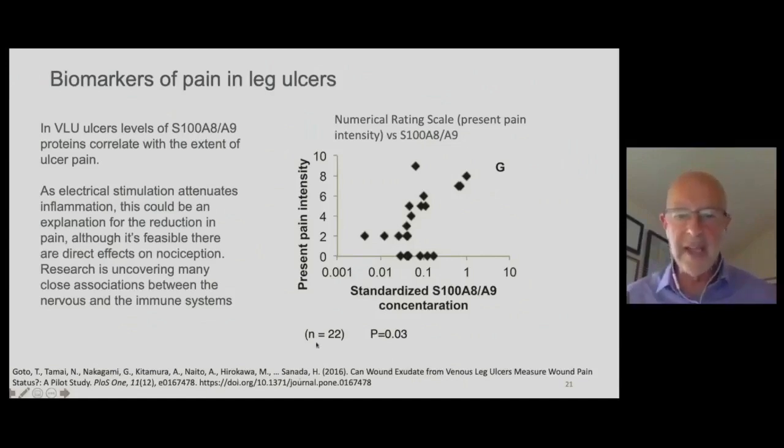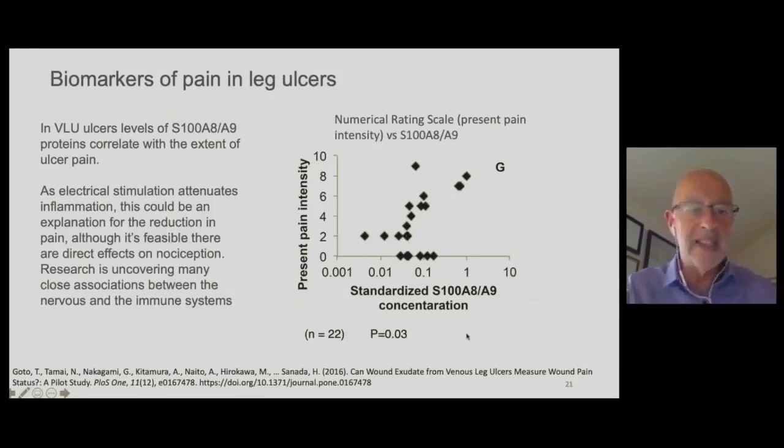So you see here in the study, here on the x-axis is the concentration of S100, and this is the pain intensity reported by those different patients, in all 22 patients. And the two axes are correlated and statistically significant.